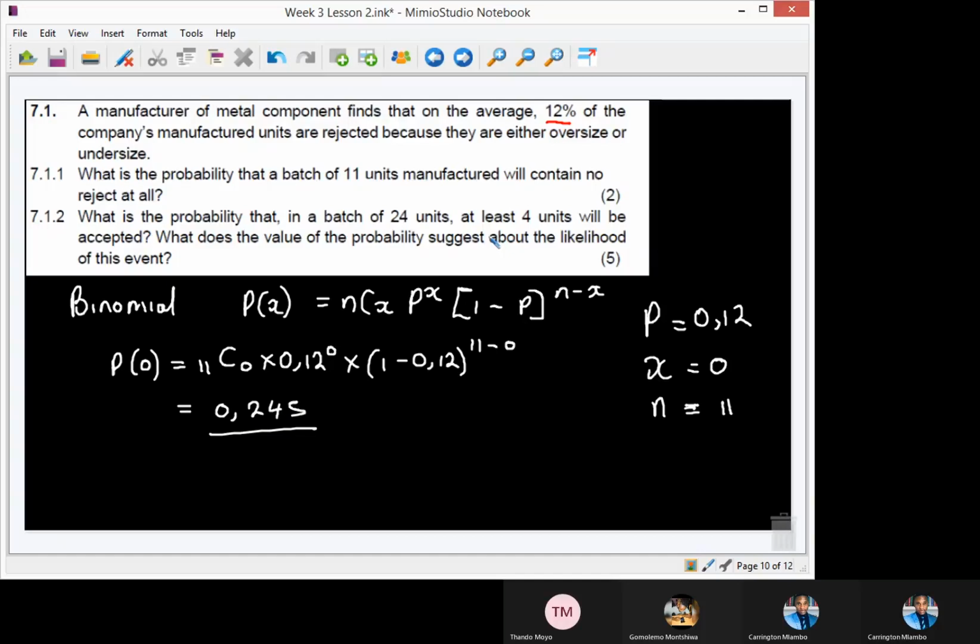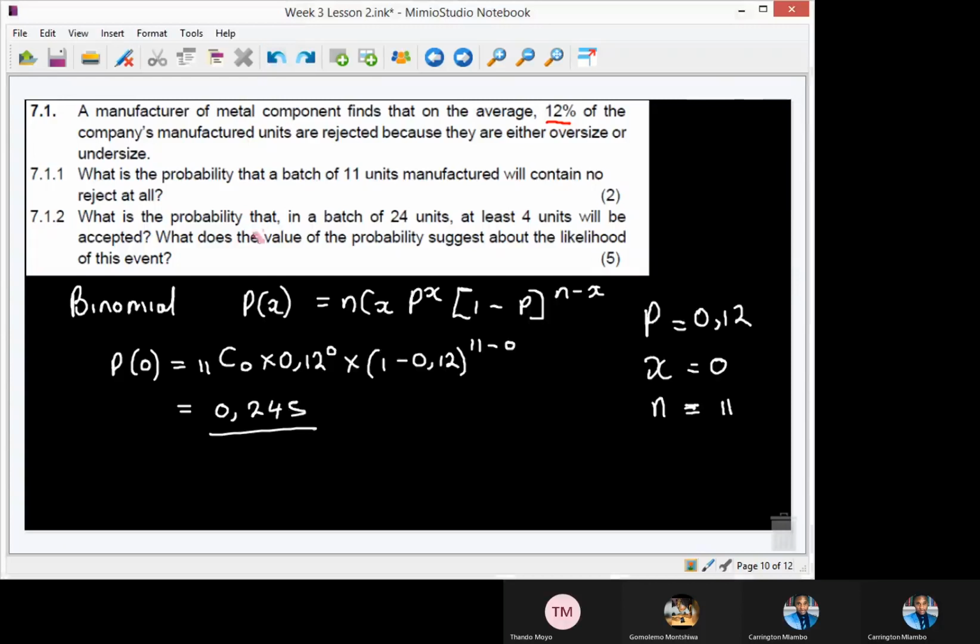7.12. What is the probability that in a batch of 24 units, at least 4 units will be accepted? At least 4, isn't it? But look, in a batch of 24 units. Okay, let's write it down.